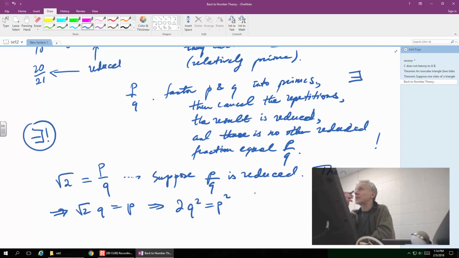How the proof proceeded from this point on? P squared is even because it's 2 times q squared. No, it was about p being even or odd.